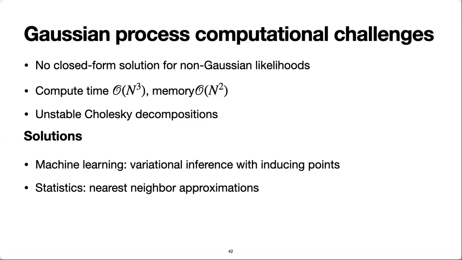And then in the machine learning world, an alternative approach called variational inference using inducing points has been developed. So our implementation currently uses the variational inference strategy. We are actually currently working on unifying it with the nearest neighbor strategy because they both have strengths.